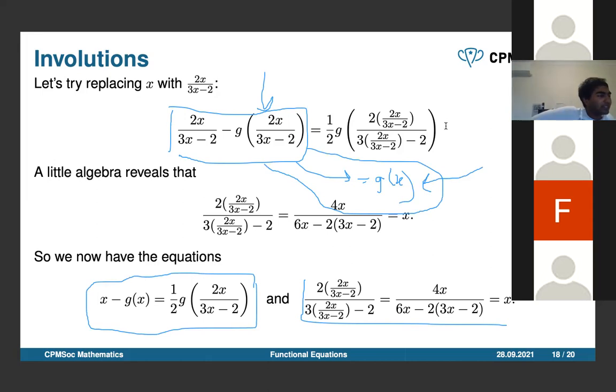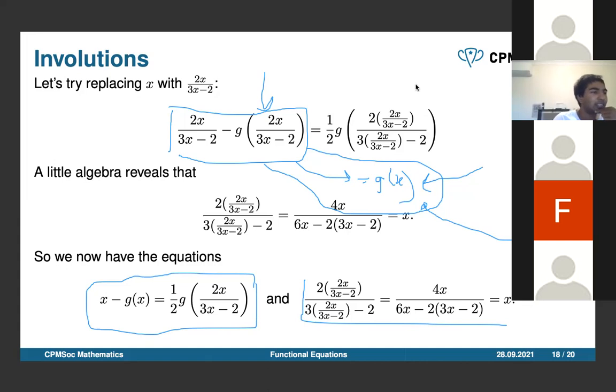Does anyone have any ideas of how we can find what g of x is? This is a common technique from high school maths, maybe between year 7 and 9. It might be a bit disguised. Can anyone see how you can get g of x?